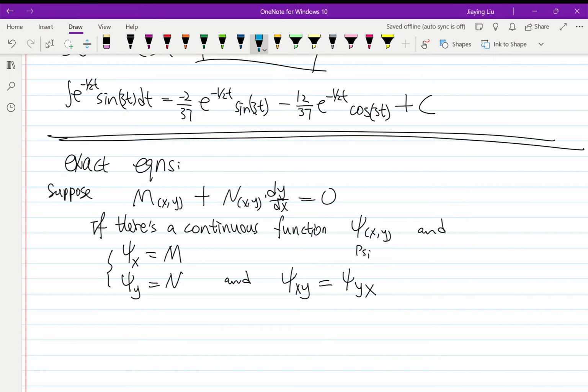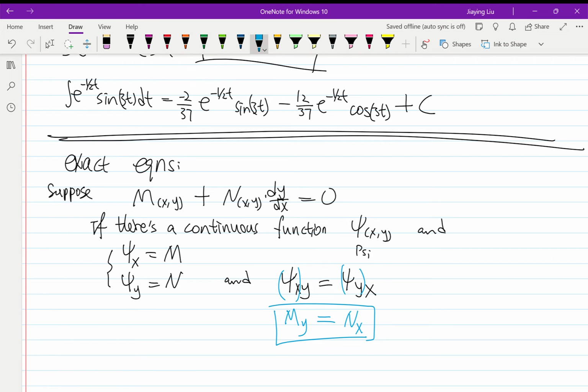We can rewrite this because psi x is what M is, right? So that's an M, and this basically means dM/dy. The psi y is N, so that's dN/dx. So basically we want this to be true. If that's true, then this has to be true, because psi xy is just My and psi yx is just Nx.